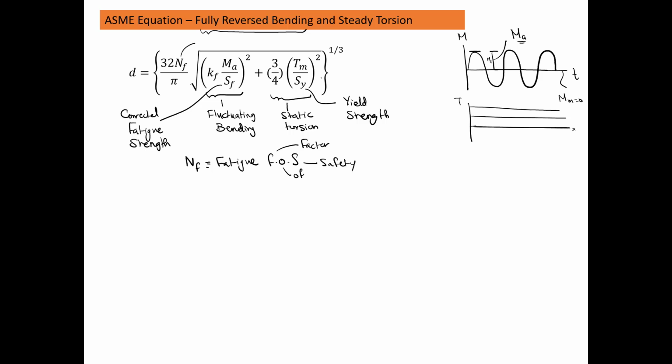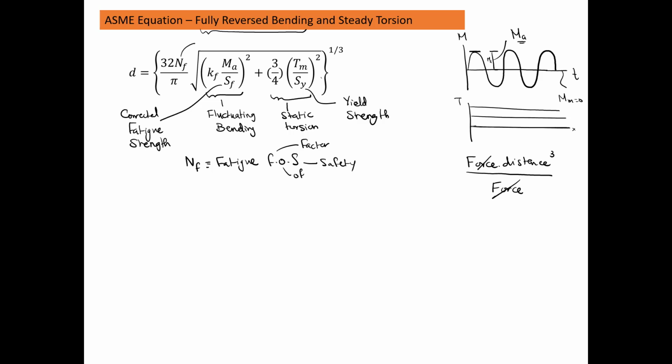And divide by pi. If you look here, you have MA divided by strength, or torque divided by strength. So MA and T have the same unit. It's force times distance. Divide by the strength, which is force divided by area. So force over distance squared. So this will be distance cubed.